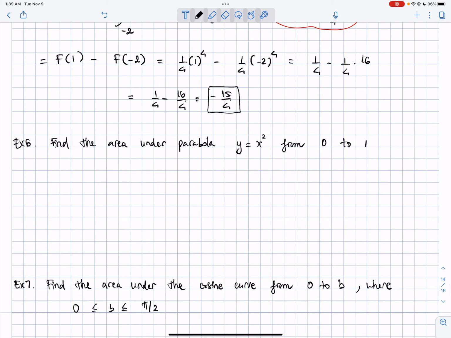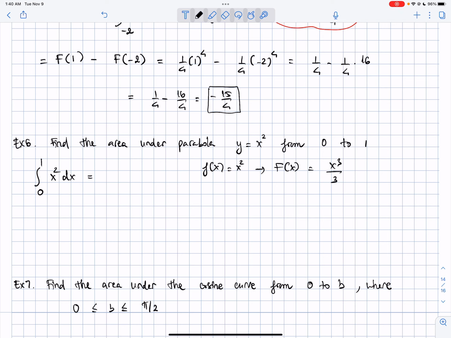In example number 6, we want to find the area under the parabola y equals x squared. The area means finding the integral from 0 to 1 of the function x squared dx. So the function f of x is x squared. The antiderivative for this will be x cubed over 3.